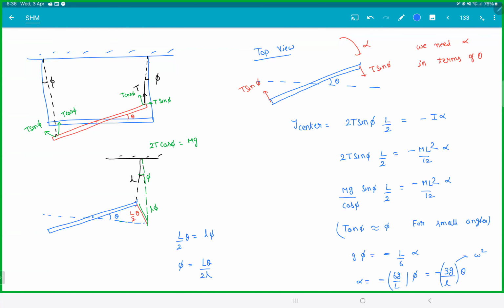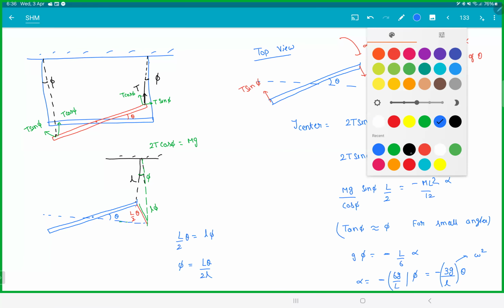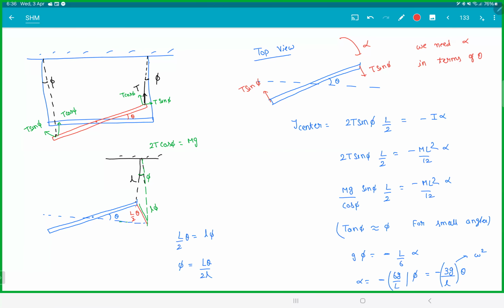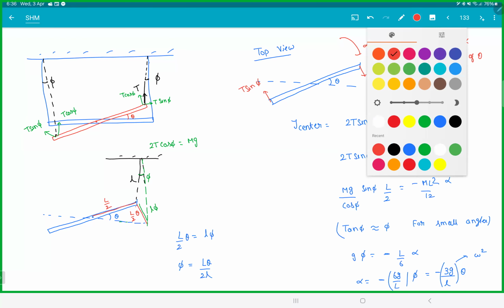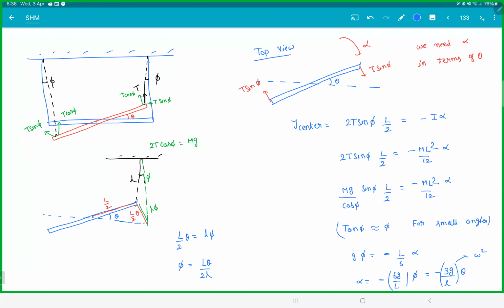When you displace horizontally, it is L by 2 theta. When you displace vertically, it is L phi, and both should be equal because it is the same point. Clear, Anusha? Got this? Arjun, Aditya, Neil, Rehan, Aryan. Perfect. Next thing.